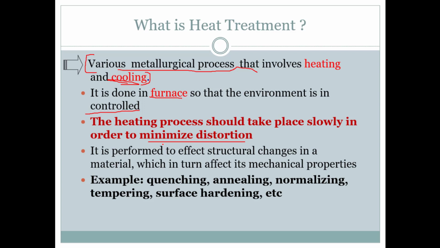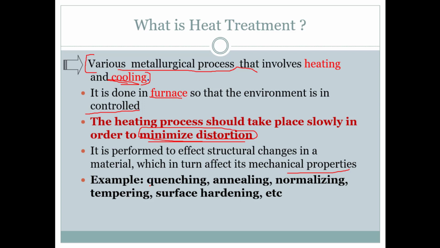So in this experiment, we'll heat the specimen up to 900 degrees Celsius, and this heating happens slowly to minimize distortion. It's performed to affect structural change in the material, which in turn affects its mechanical properties.